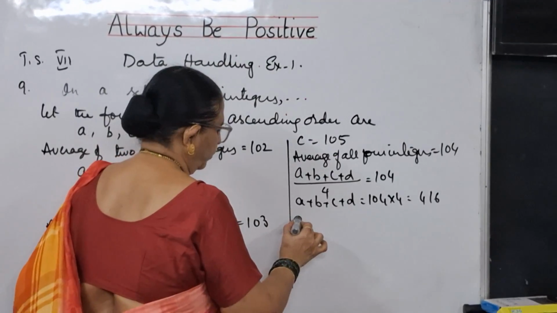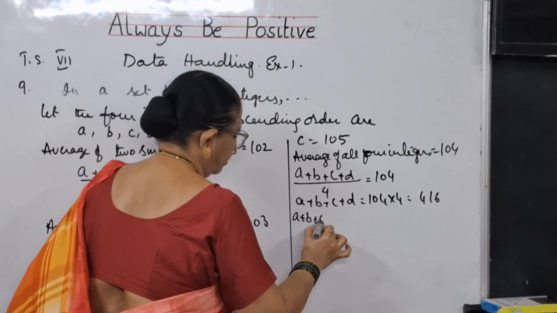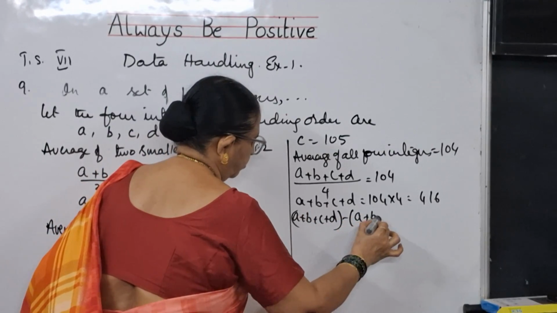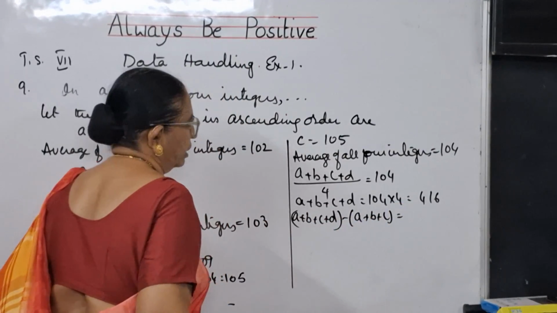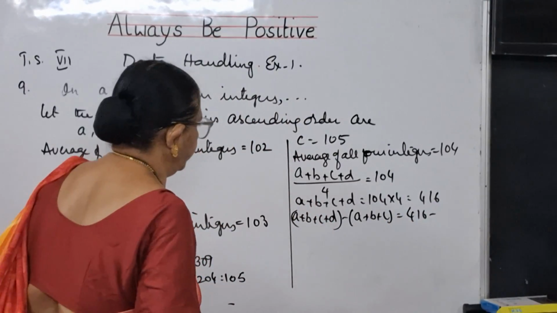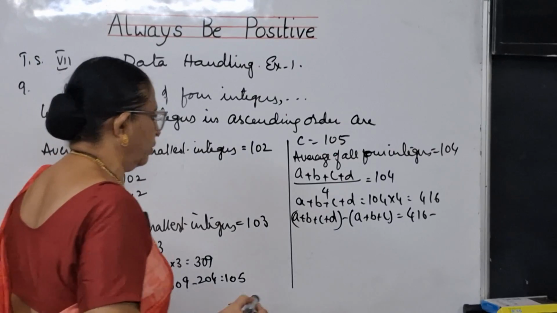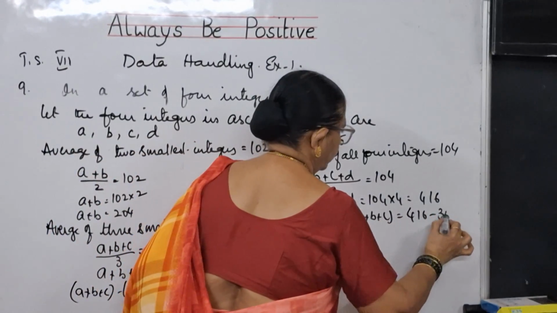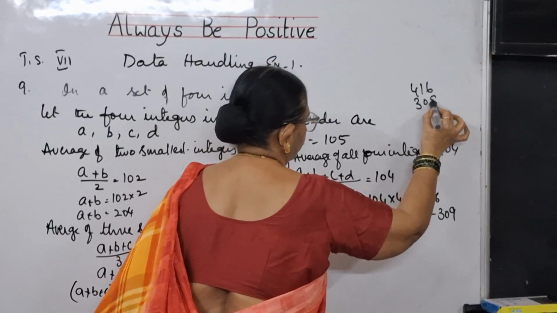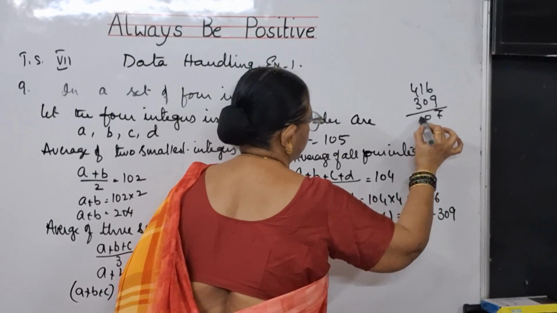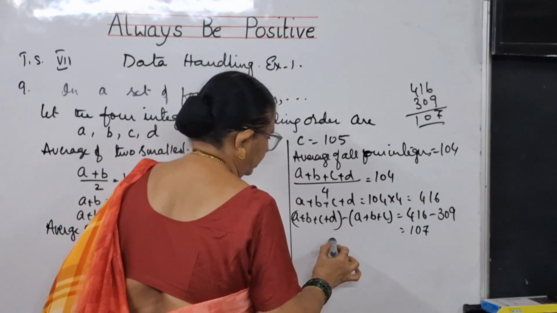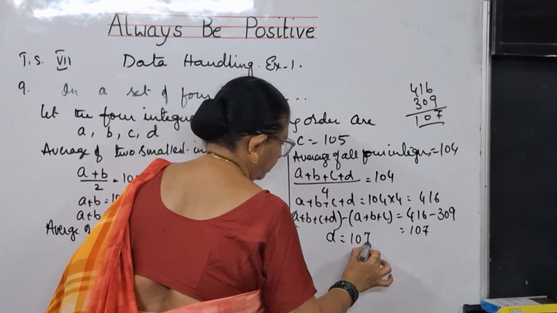So if from A plus B plus C plus D you subtract A plus B plus C, which is 309, how much are you getting? 416 minus 309 is 107. So you see children, D is equal to 107.